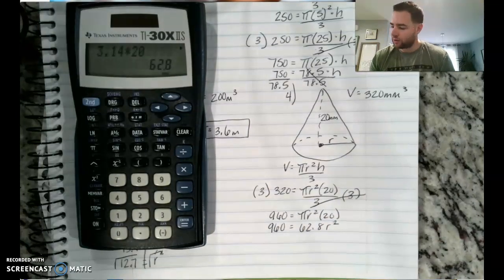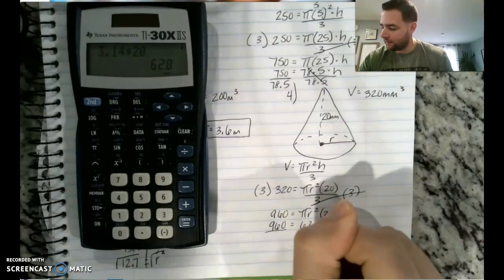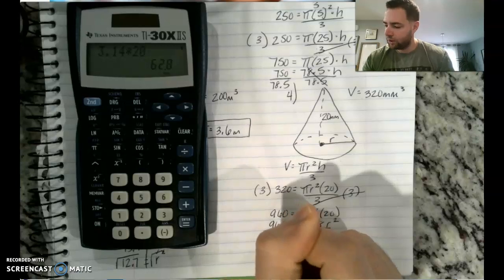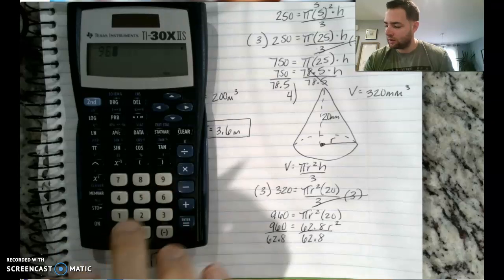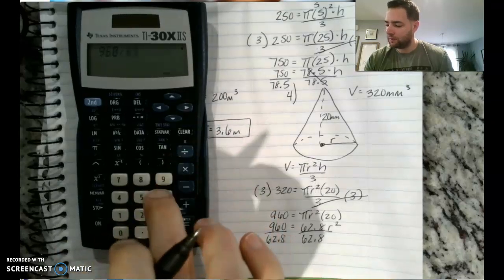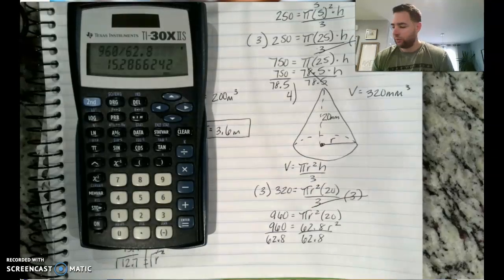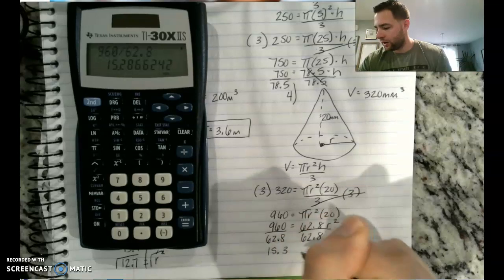And then to get radius squared by itself, we're going to divide both sides by 62.8. So on my calculator, I have 960 divided by 62.8 equals, we get about 15.3 equals my radius squared.